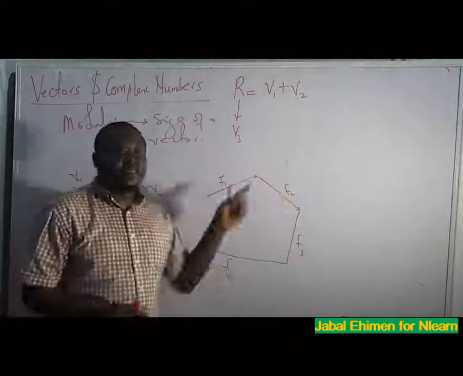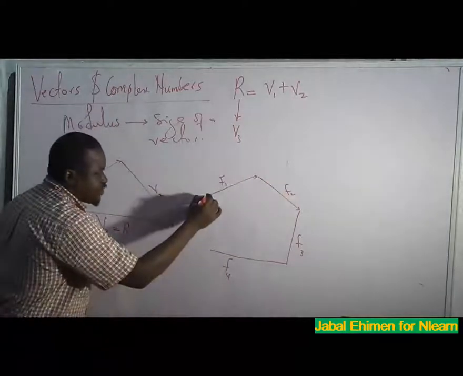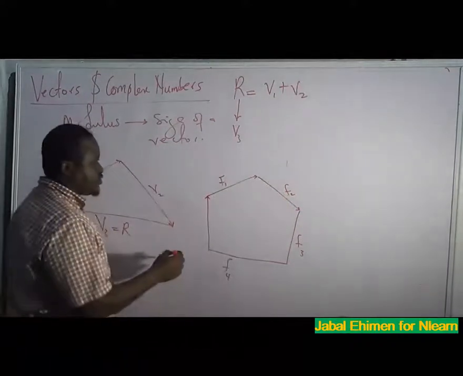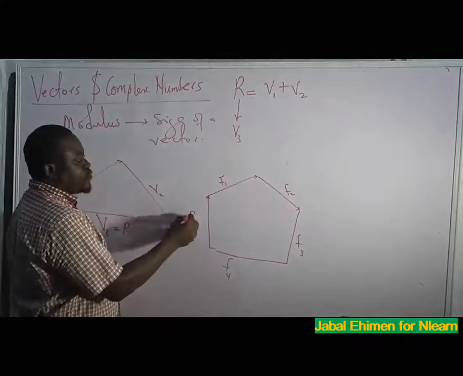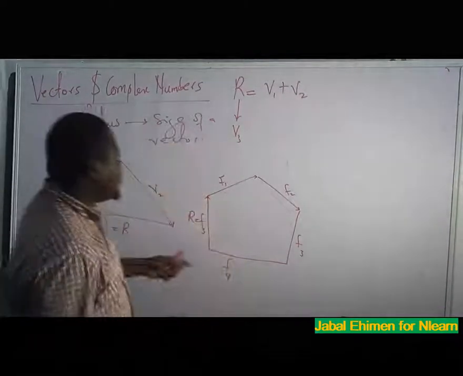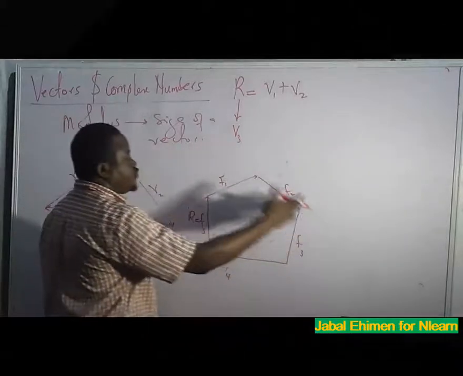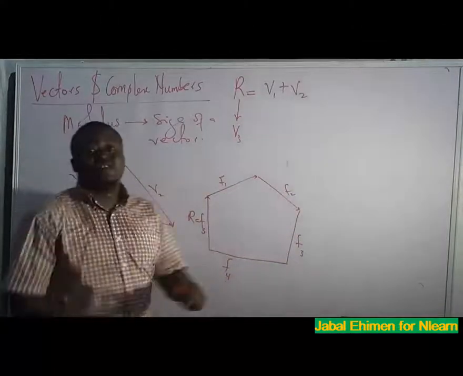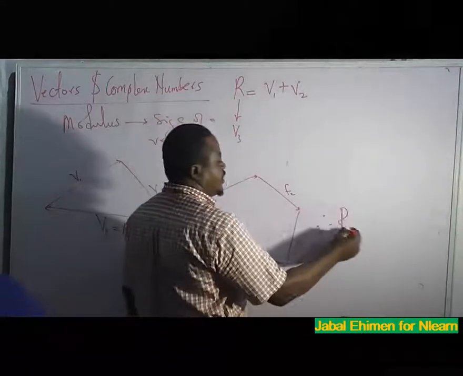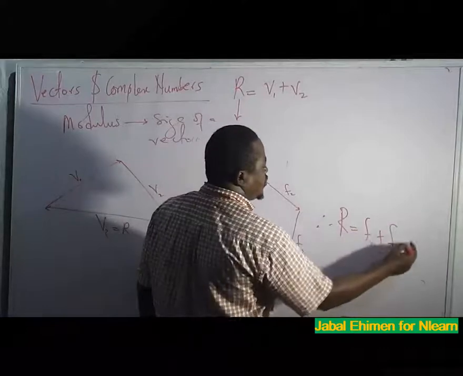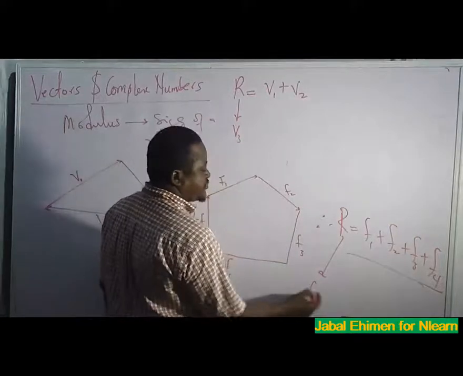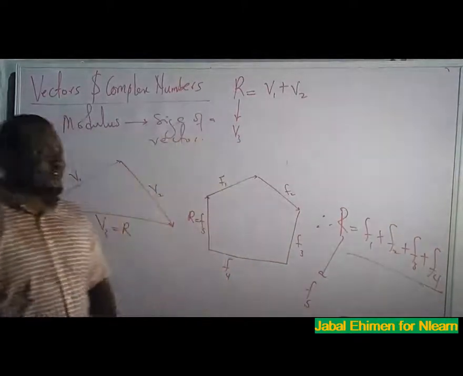Now, to combine the 4 of them, the last vector that you get that combines them together is called the resultant vector. So I can call it F5, the resultant vector. So the resultant of the vectors is F1 plus F2 plus F3 plus F4, and don't forget, this arrow is F5. That is the resultant of the vectors.